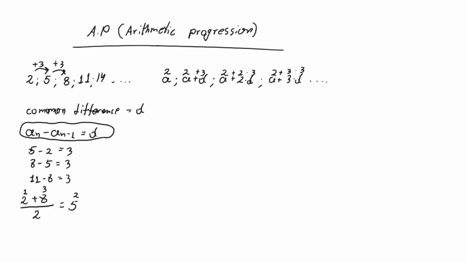Okay, if you get the first term and add the third term, then divide by 2, it's 2a plus 2d over 2, so it's a plus d.